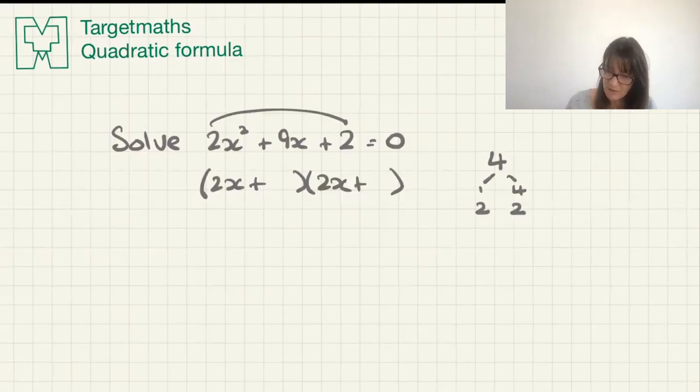But neither of these pairings are going to help me get a 9. Absolutely no way. The most I can get is a 5 with this one here. So factorizing this quadratic is simply not going to be an option. It's just not going to work. I can't do it.